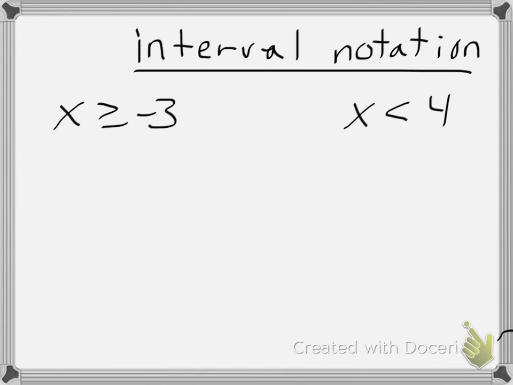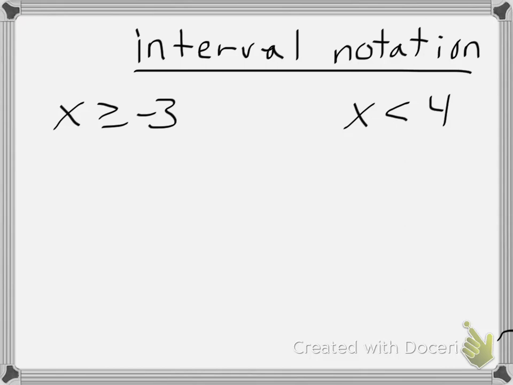When I say x is greater than or equal to -3, and regardless of how we got to this point, this is the answer that we're left with. To put this in interval notation, we have to decide in this interval, when we're saying everything's bigger than -3, what's the lowest value we can have and what's the highest value we can have. Because that's how we do interval notation.